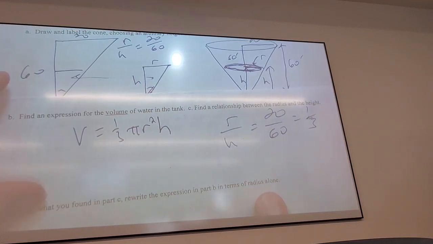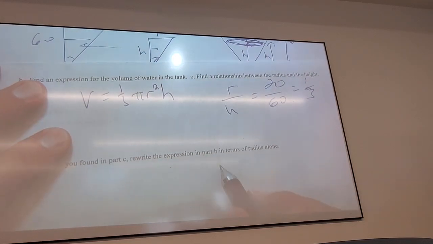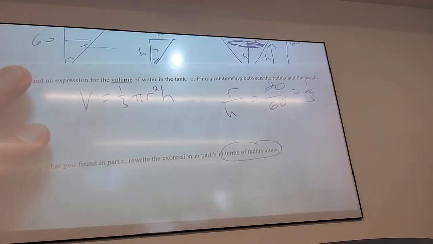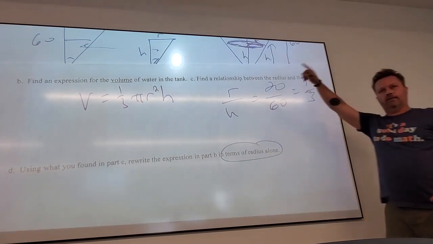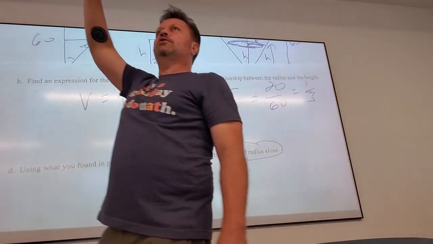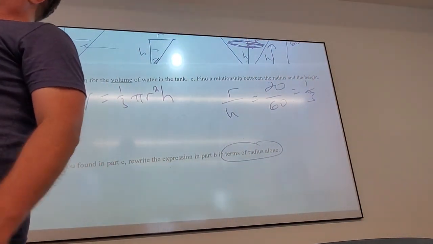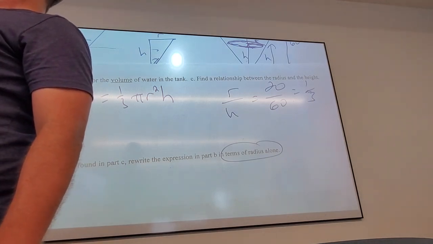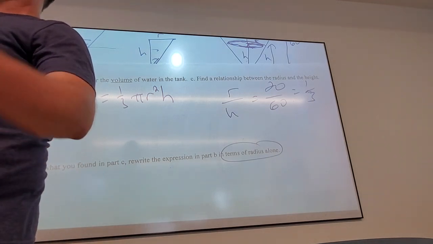Okay, here we go. In terms of radius alone, I do say that. So if you have a problem like this, you have to choose which letter to let go. I'm just telling you to write in terms of radius, so I'm telling you to get rid of H, correct?